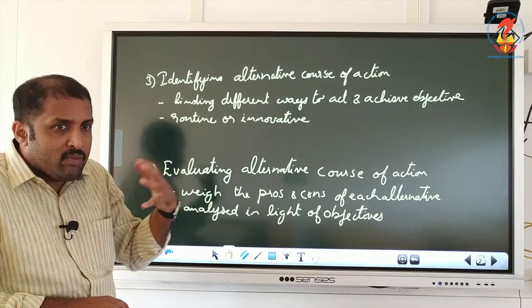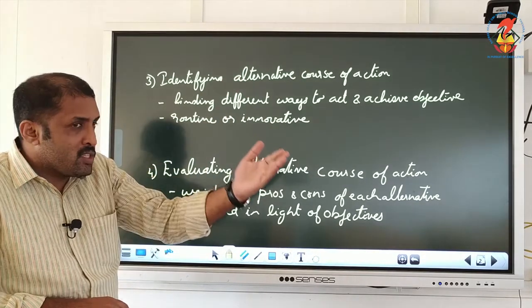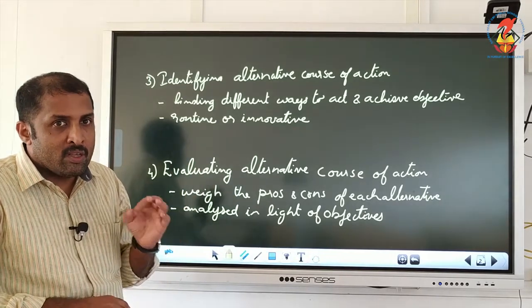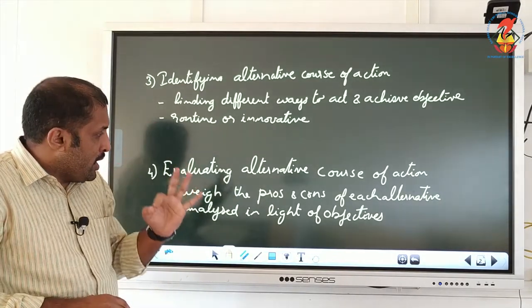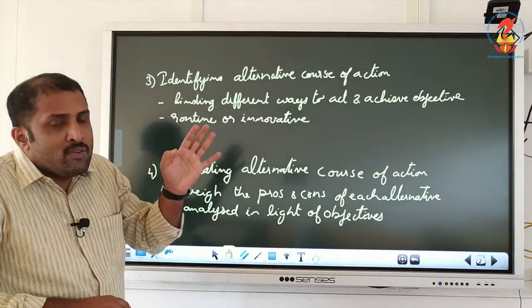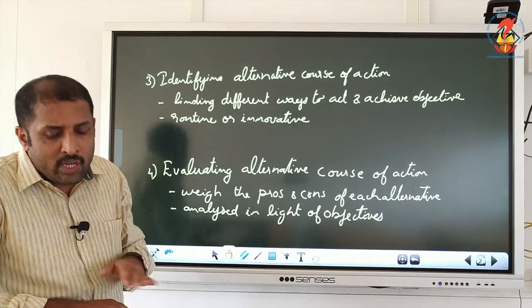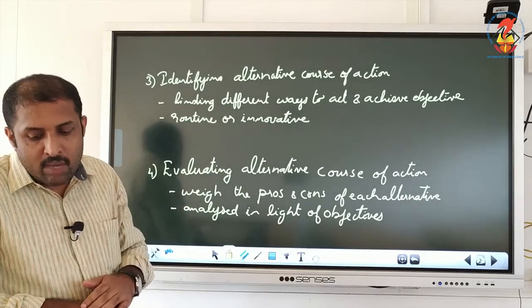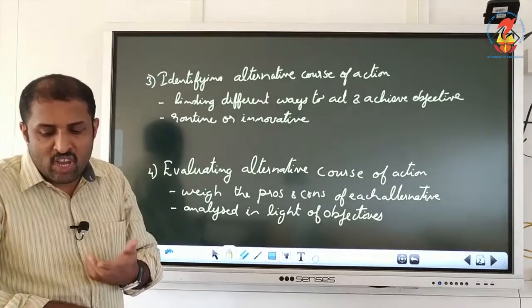It must be analyzed keeping in mind what the objective is. On the basis of that, we have to analyze whether it is good or bad, whether it has a positive or negative effect. So, in the light of objectives, the positives and negatives of each alternative are evaluated. That happens in this step, and various methods can be used.